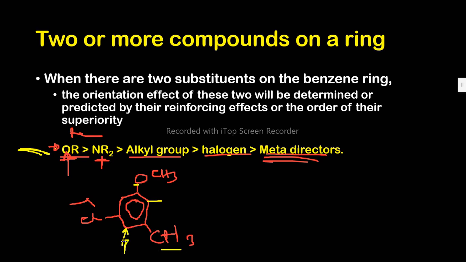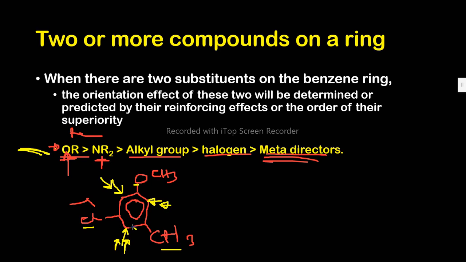So the ortho here, and then this ortho, and then the para position. So this is the para position. Then for the Cl, it directs on the ortho, and this is the ortho, and then the para position.